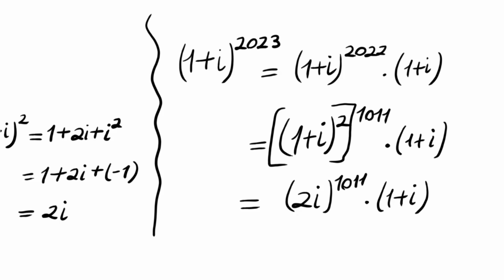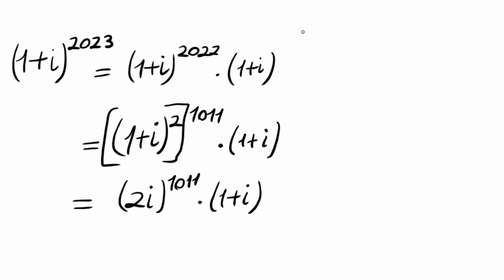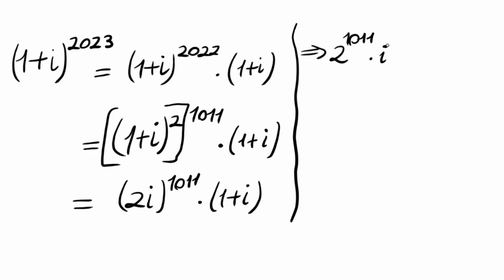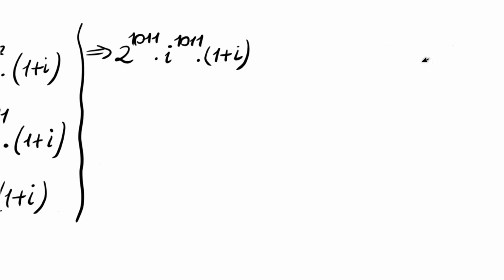This is the question now, and this is not a hard question, since 2i to the power of 1011 is equal to 2 to the power of 1011 and i to the power 1011. Again we have 1 plus i. Now we have a last problem here: what is i to the power of 1011?